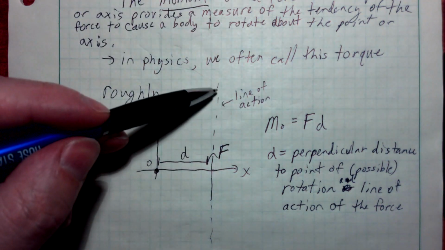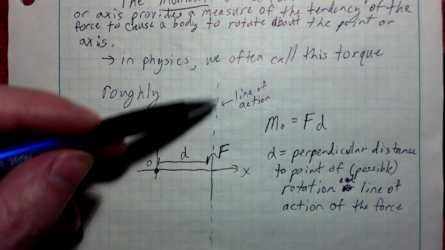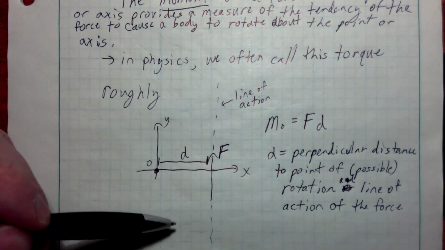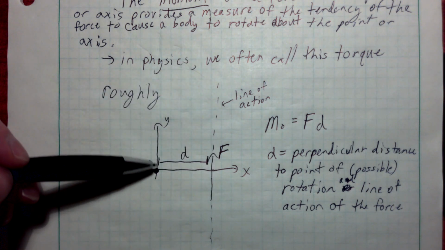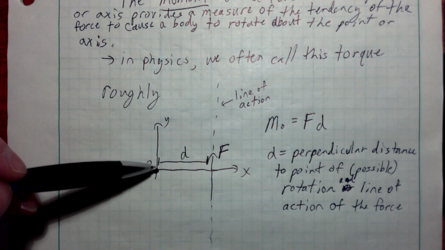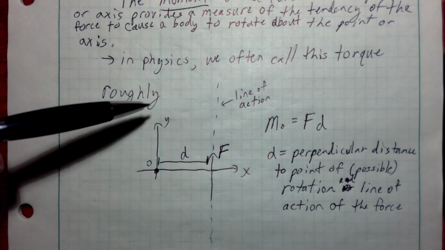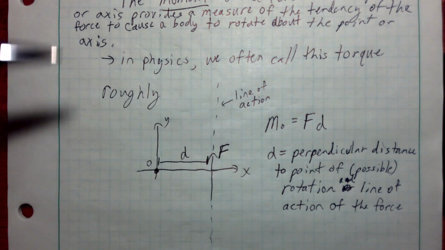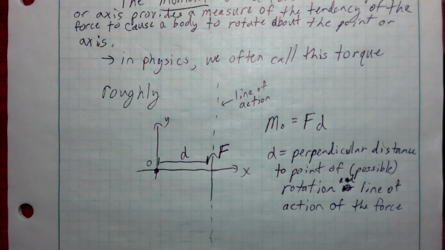The line of action is a line that passes through this force. It's in the direction of this force. D is a distance between this line of action and the point of possible rotation, where D is measured perpendicular to the line of action to the point of rotation. If that is all true, then the moment about that point of rotation, in this case the origin, is simply equal to the product of force times distance.